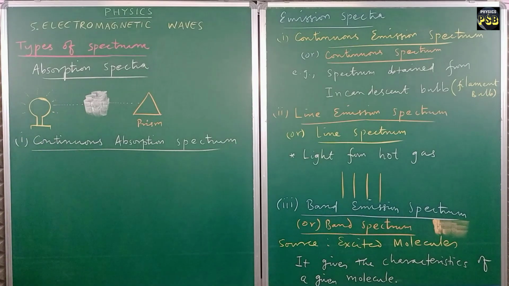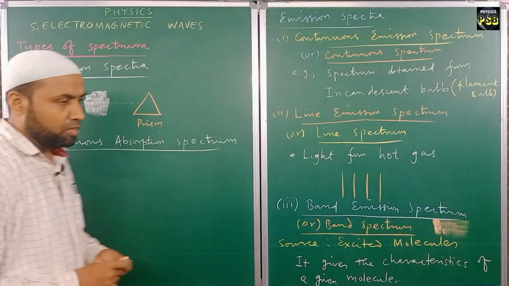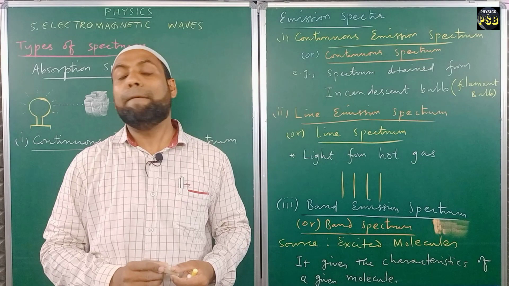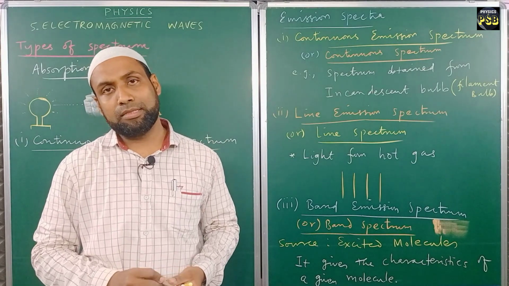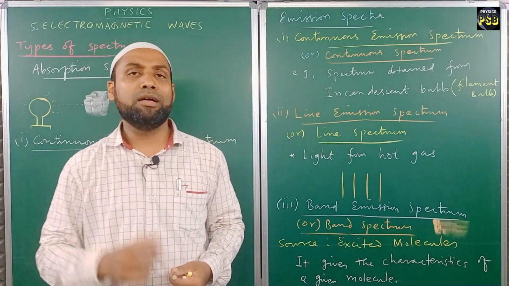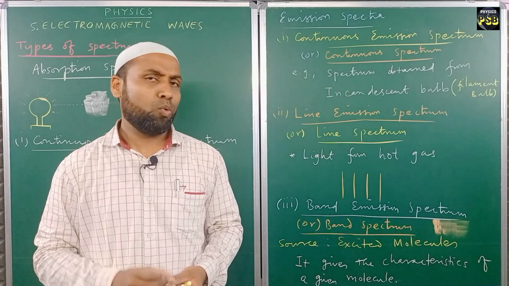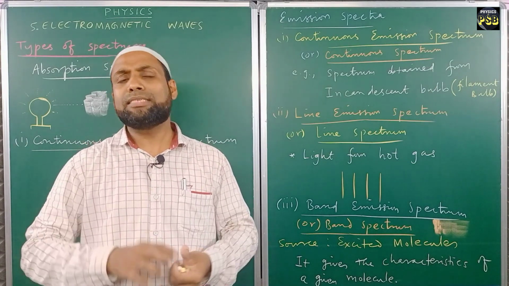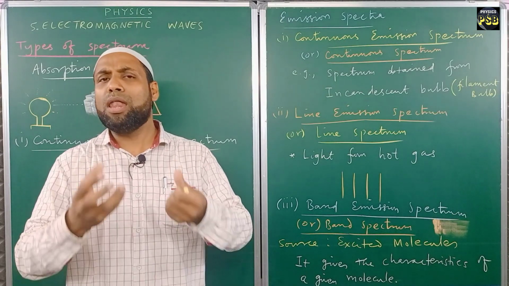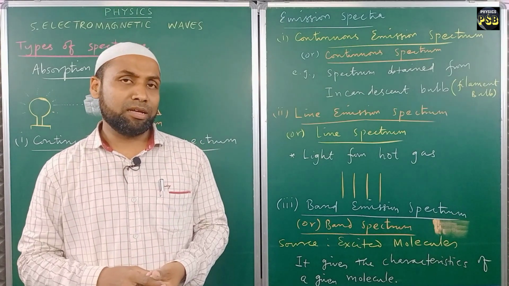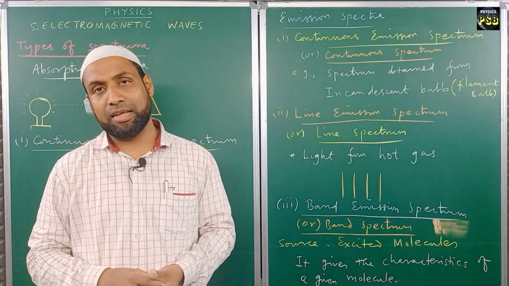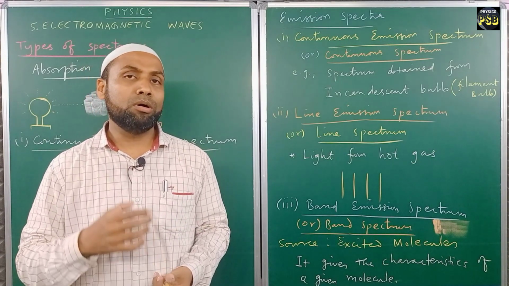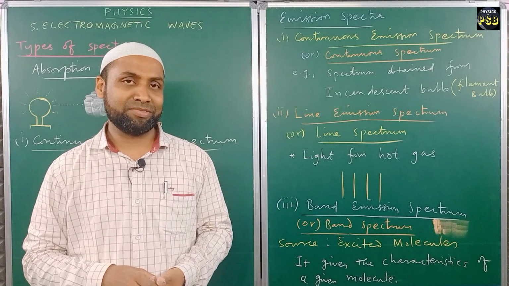How do we obtain this? If you allow white light to pass through a blue glass plate, then on the other side we get blue light. What does this glass plate do? This glass plate absorbs all colors present in the white light and allows only blue light to pass through it.